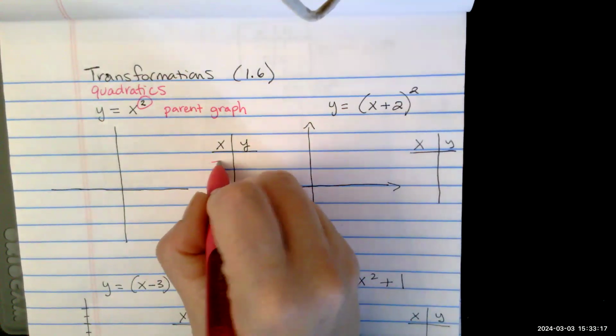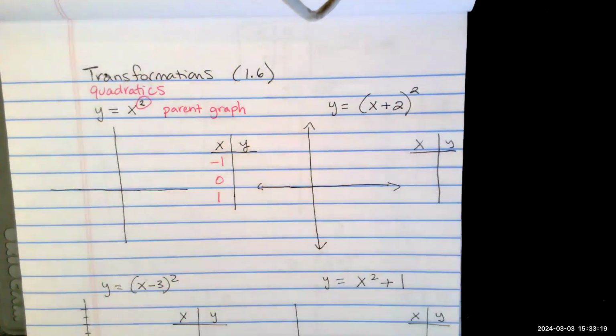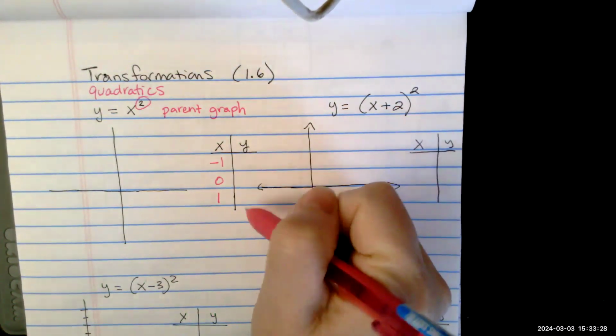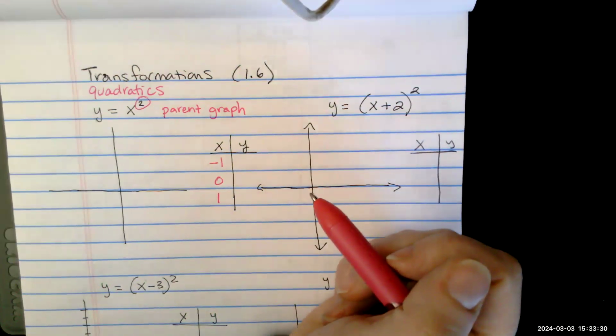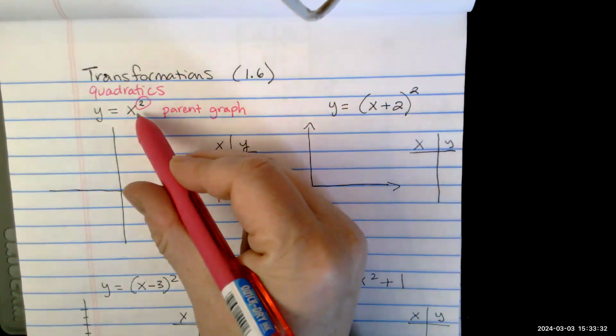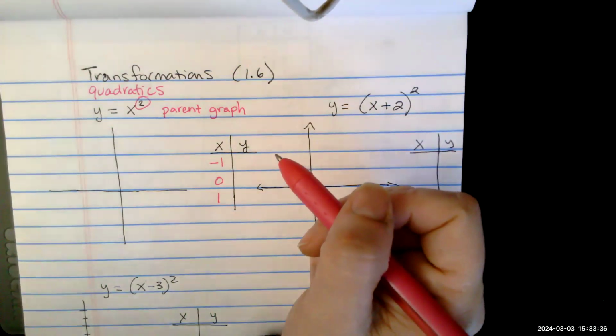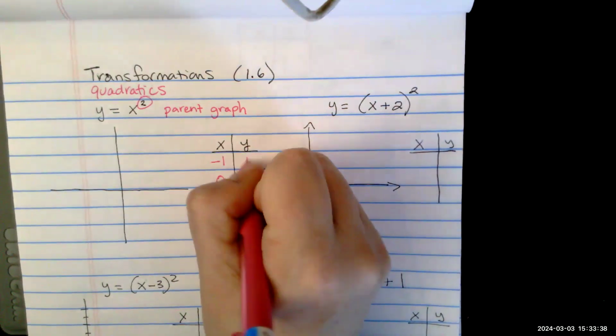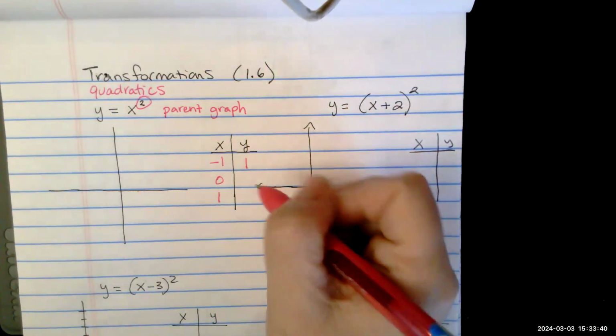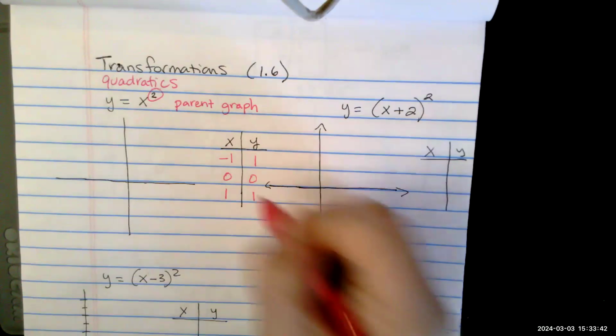So if I were to plug in a few x's, I could pick any of these because x is the independent variable, and then I can plug it in to see what I would get here, the y, which is the dependent variable. So if I plug in -1, be careful, make sure you know that -1 squared really means -1 times -1. So that would be +1. 0 squared is 0, 1 squared is 1.